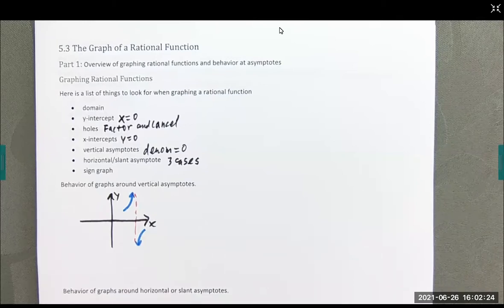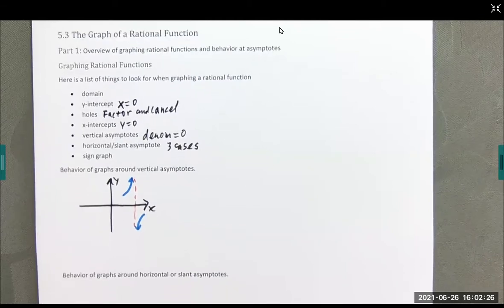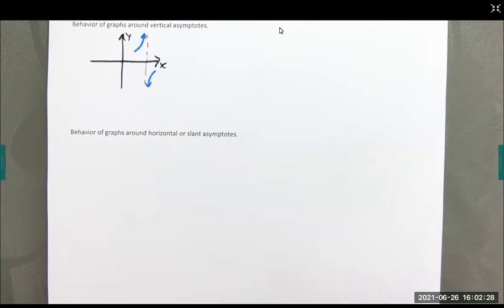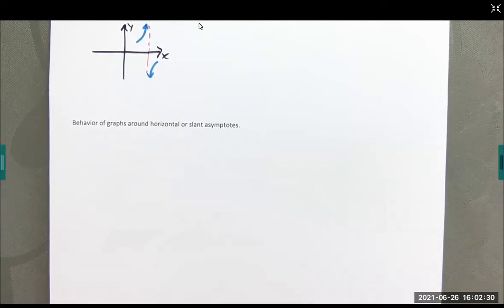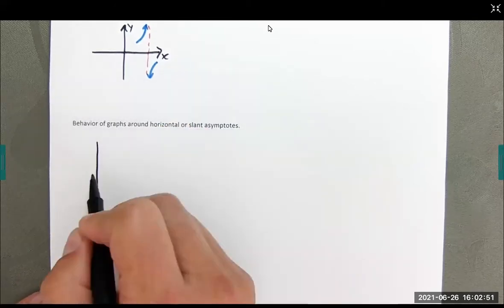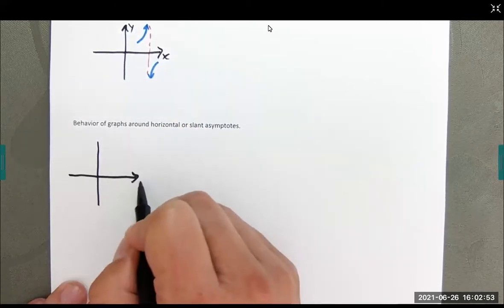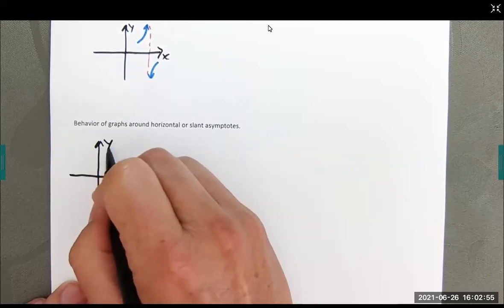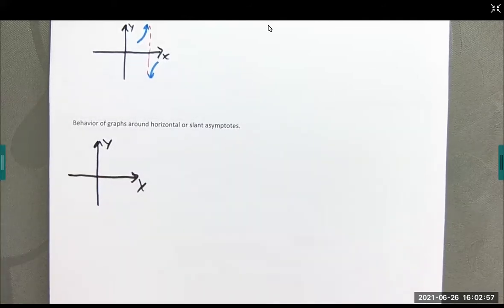Behavior around horizontal or slant asymptotes isn't too difficult. What it's going to look like is here. So we'll have a horizontal asymptote.